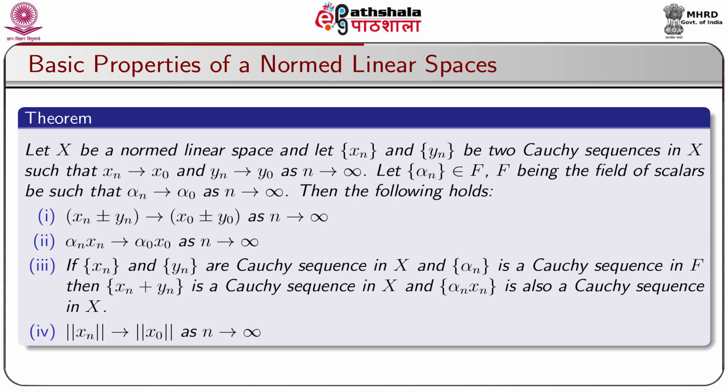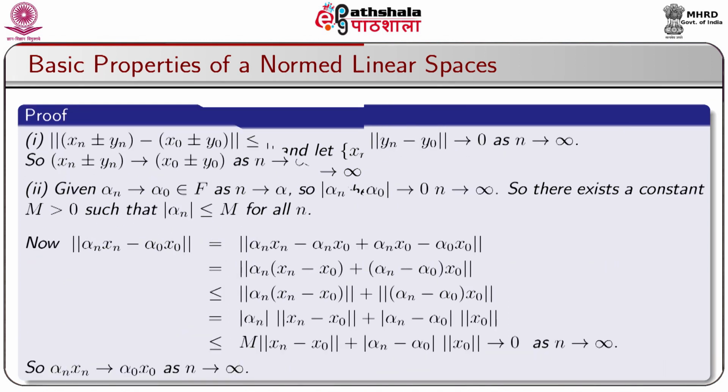Number 3, if sequences xn and yn are Cauchy sequences in X and sequence alpha n is a Cauchy sequence in F, where F is the field of scalars, then xn plus yn is a Cauchy sequence in X and sequence alpha n xn is also a Cauchy sequence in X. Also, number 4, norm of xn goes to norm of x naught as n tends to infinity. These results also hold in real analysis. We are going to prove these results one by one.